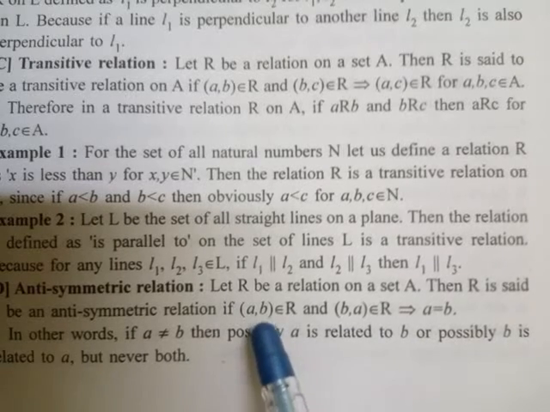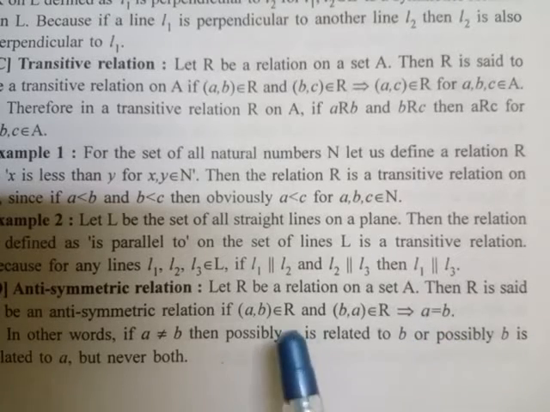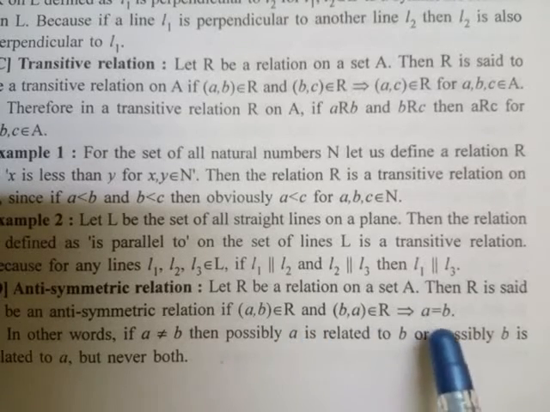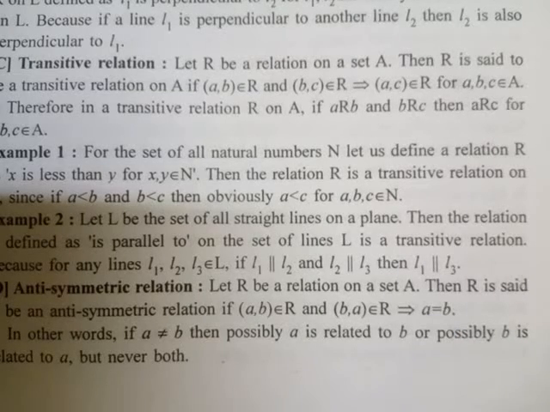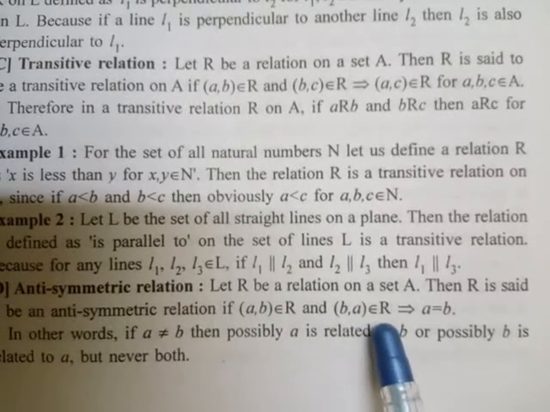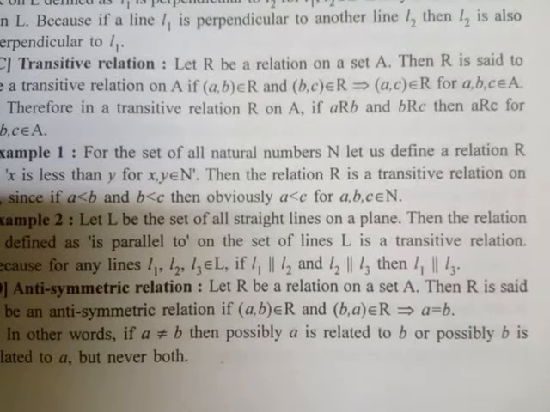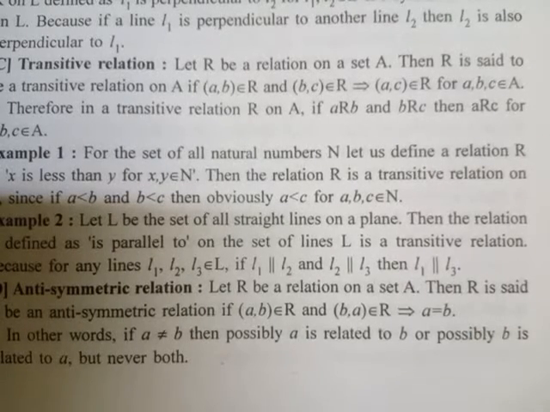In that case, you can say that a equals b. A equal to b in such a condition signifies an antisymmetric relation. I repeat again: (a, b) belongs to R and (b, a) belongs to R. In such a condition, a equals b. If it is a equals b, it is an antisymmetric relation.